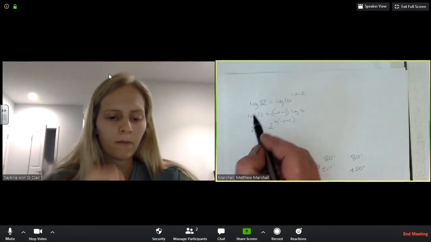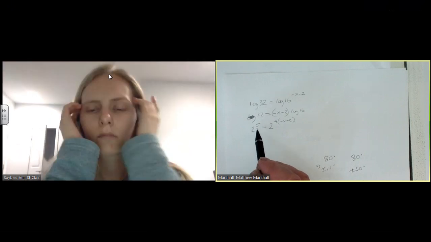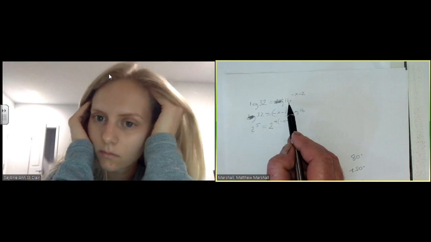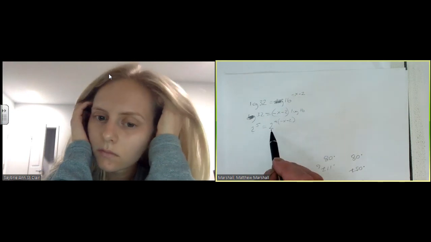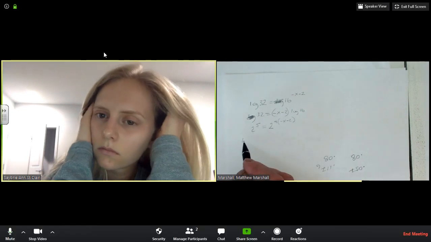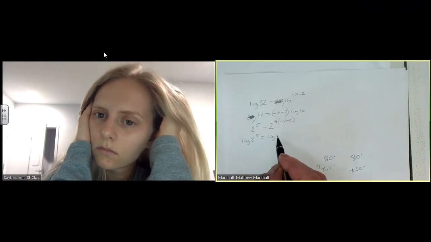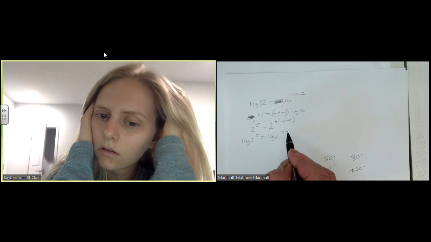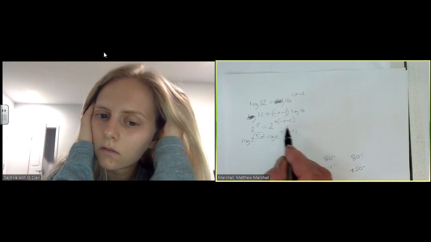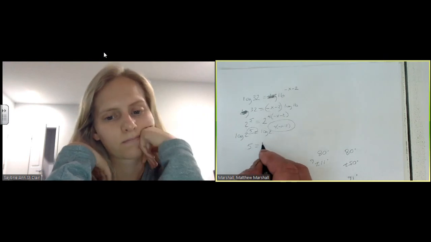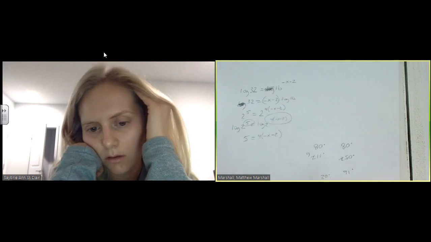So I changed 32 into a base of 2 because 2 to the 5th power is 32. I turned 16 into a base power of 2 also, 2 to the 4th. When I log these two, anytime you have the same base, all I'm doing is solving these top parts. So I'm going to write this as 5 equals 4 distributed times negative x minus 2, and I just got to solve that for x.